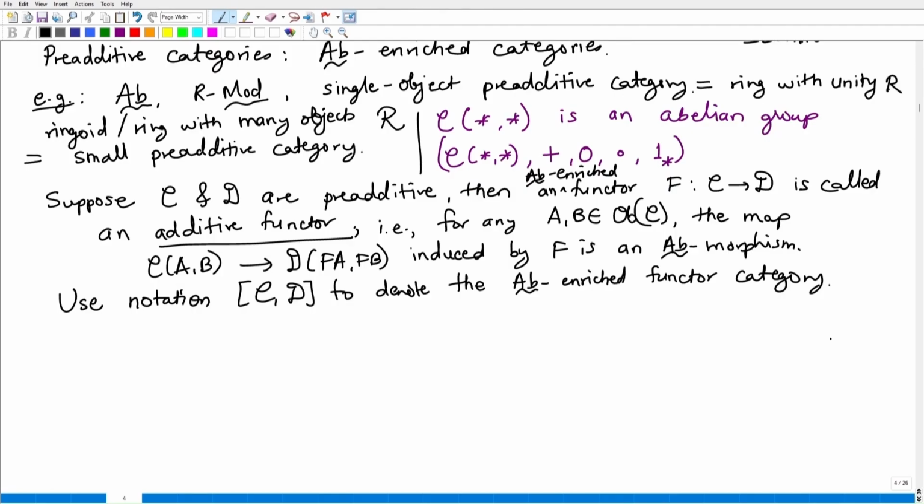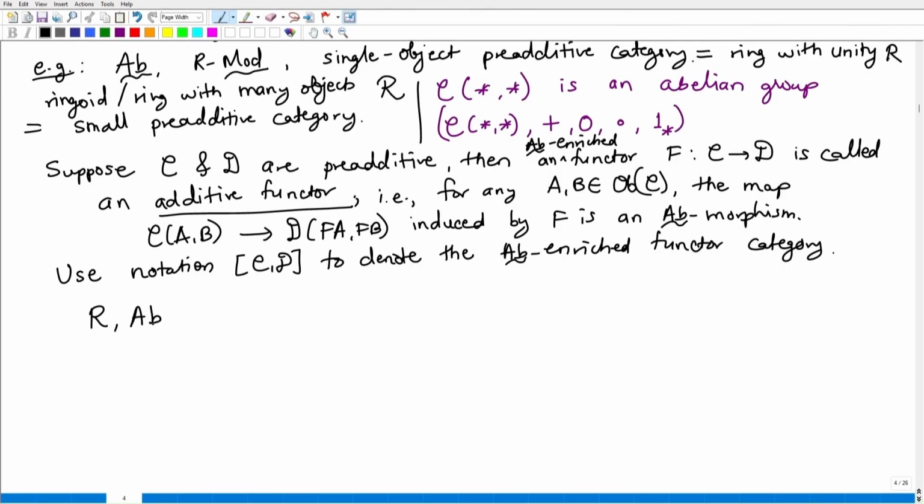It is the same notation as the functor category, but we are just going to ask for something more on the objects. So what will happen if you are starting with a ring R and I take the category of all additive functors from a single object pre-additive category to the category of Abelian groups? How many objects are there in R? One.